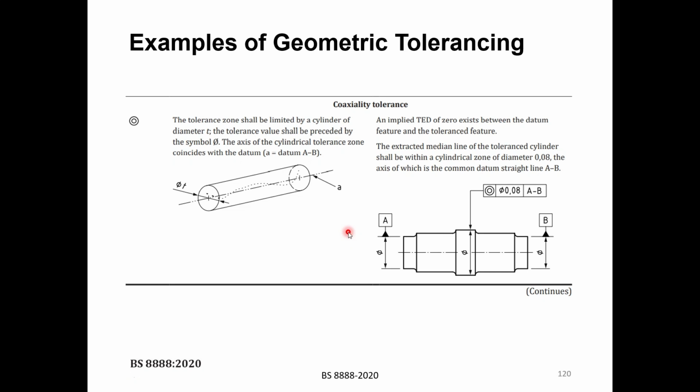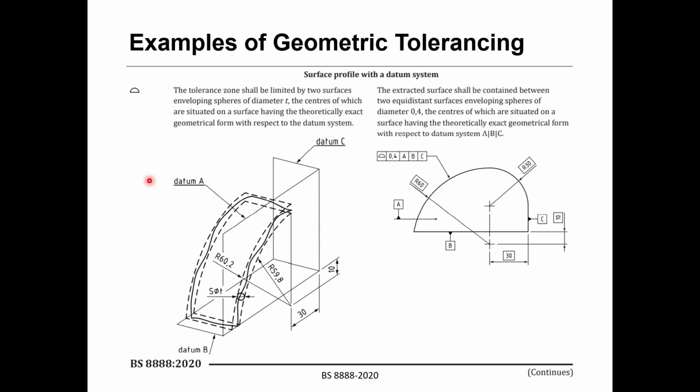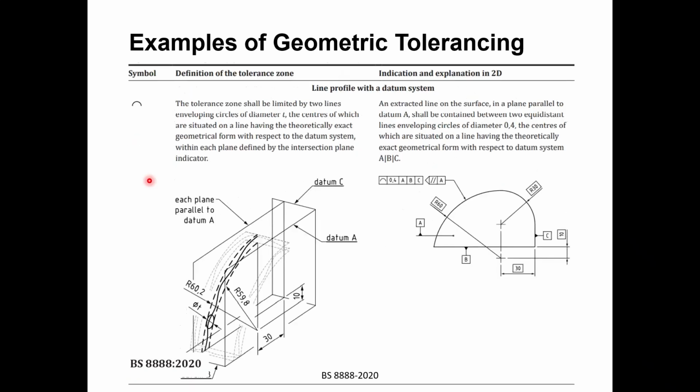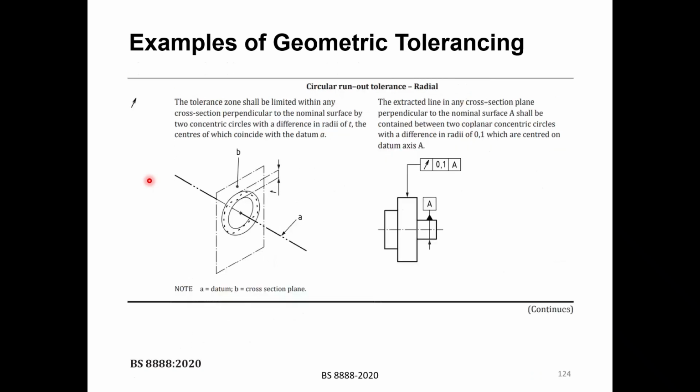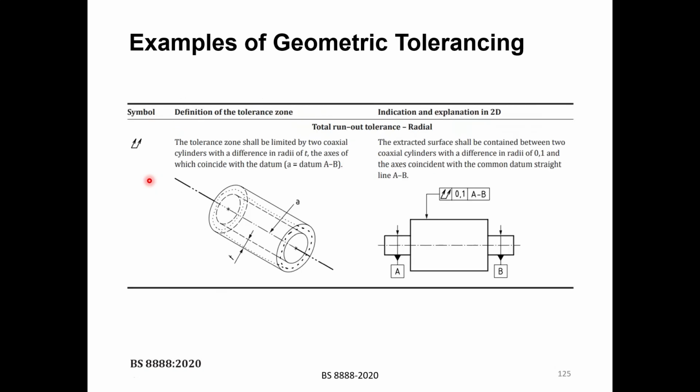I don't want to make it very long, but I hope that you got the point now. So what I want you to do is just go through the rest of these symbols: for the coaxiality, for example, for the symmetry, for the surface profile with datum, line profile with datum, for the circular runout tolerance, and the total runout tolerance.